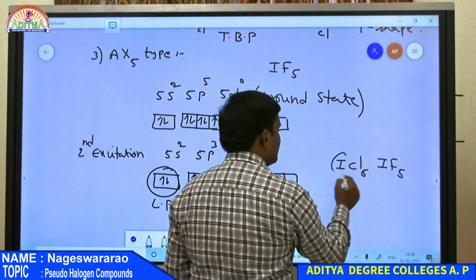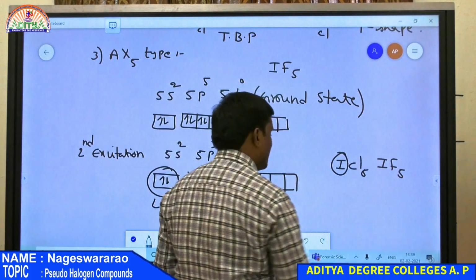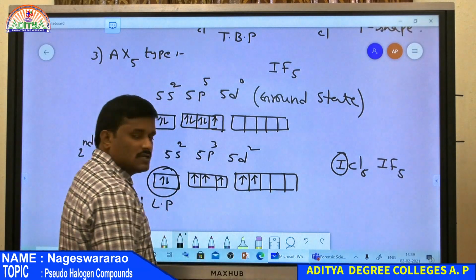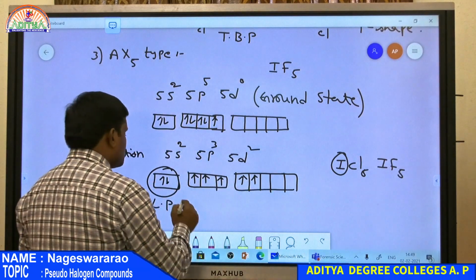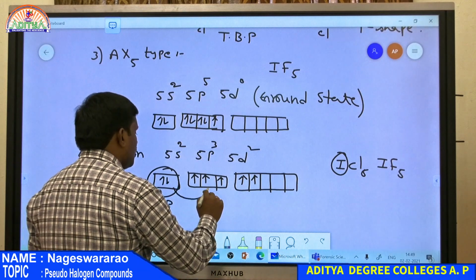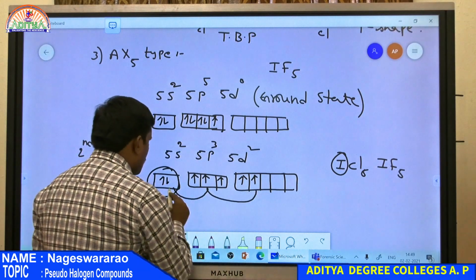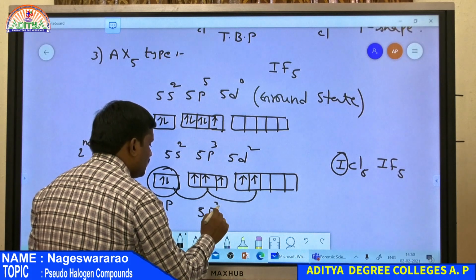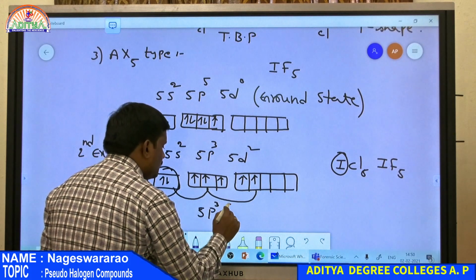Therefore iodine can form 5 bonds with halogens, and these 5 electrons undergo sigma bond formation. So finally 1 s orbital overlaps, 3 p orbitals overlap, and 2 d orbitals overlap.